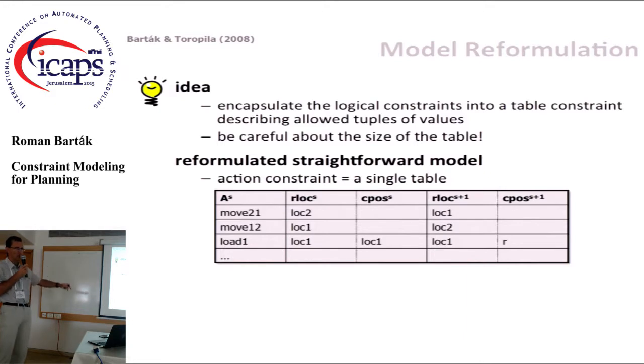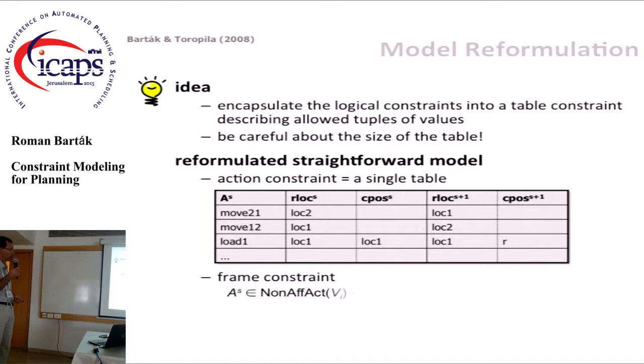So this is a description of the relation between state variables in one layer, the action variable, and state variables in the next layer. It's a constraint, okay? Of course, we want to say that these two variables should be the same. So for this, we keep the original frame constraint expressed in the implication that does the propagation for us. So if we select the action, this constraint will verify the precondition and effect of the action, and then this constraint will make these two variables equal.